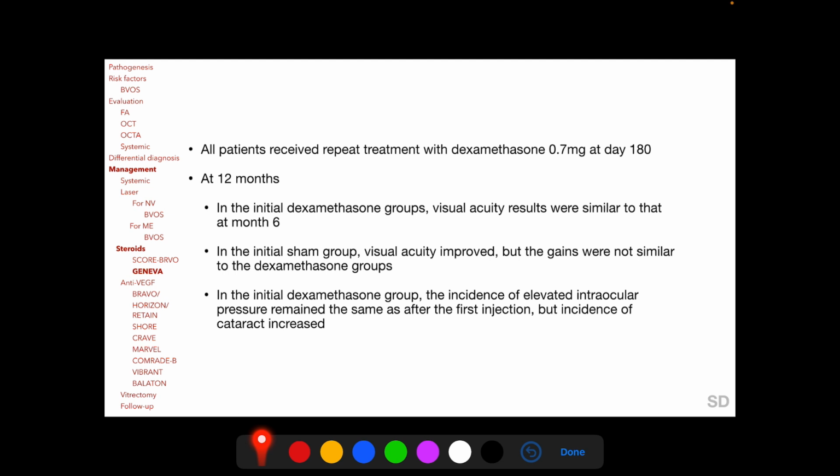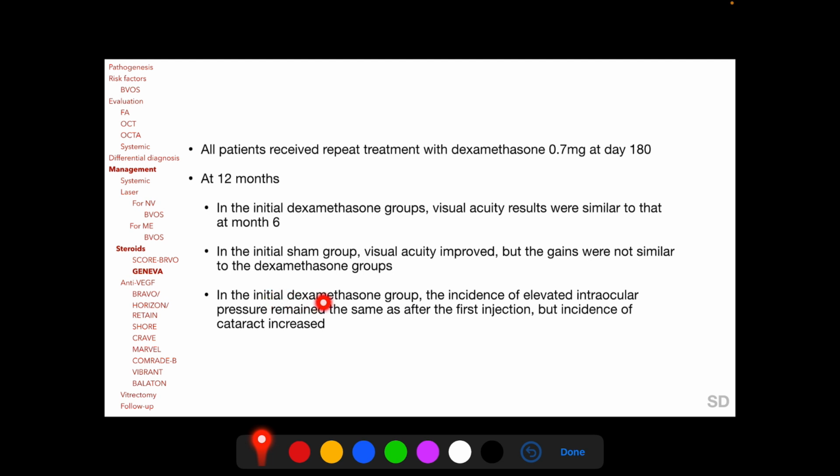At the end of 6 months, all patients received repeat treatment with dexamethasone 0.7 mg, and at 12 months the study found that in the initial dexamethasone groups, visual acuity results were similar to that achieved at month 6, and in the initial sham group, although the visual acuity improved in the second 6 months, the gains were not similar to the groups receiving dexamethasone implant at the beginning of the study.